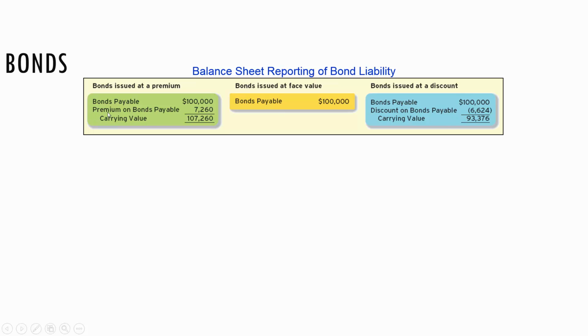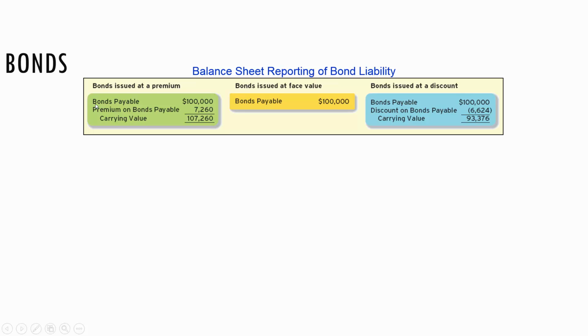These accounts, think of them as something like contra accounts, except you'll notice probably that the premium account is going to have a credit balance and the discount is going to have a debit balance. So it's not exactly a contra account, because in contra accounts the balance is in the opposite direction of the main account, and that's not the case with premiums.